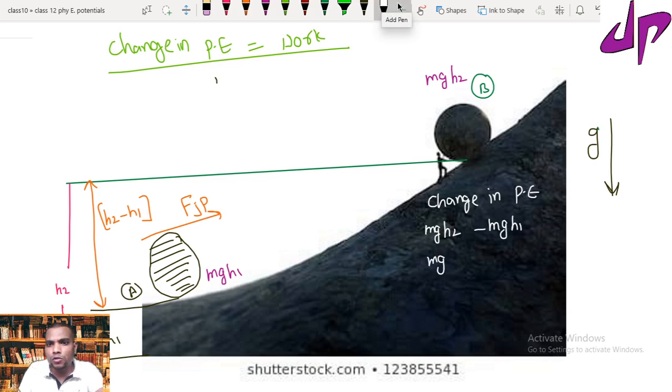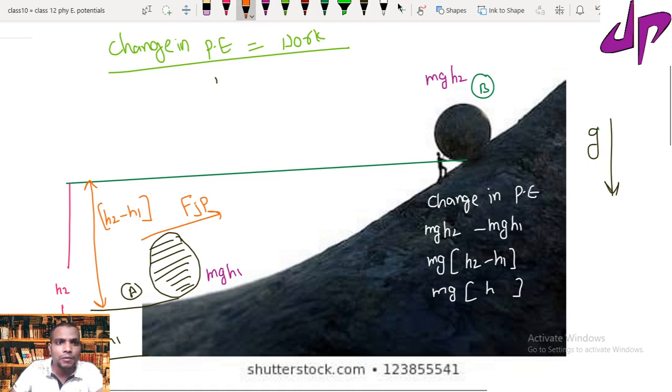Taking mg common, it is mg times (h2 minus h1). So the difference in height I can call h. In the diagram, h2 minus h1 equals h.